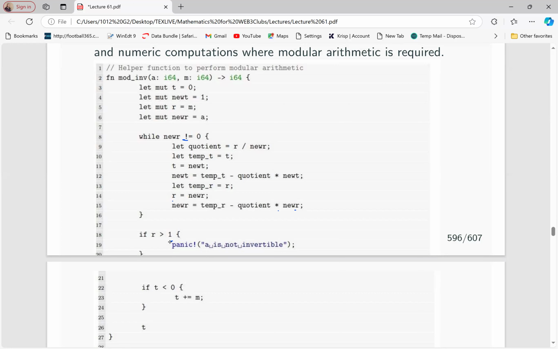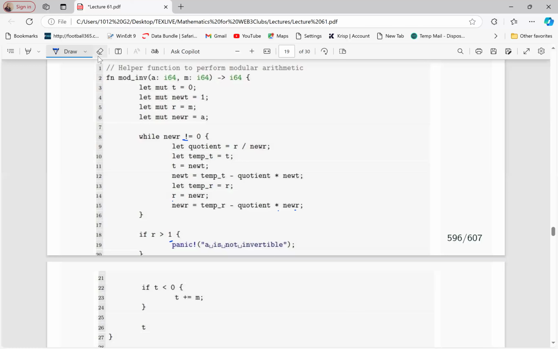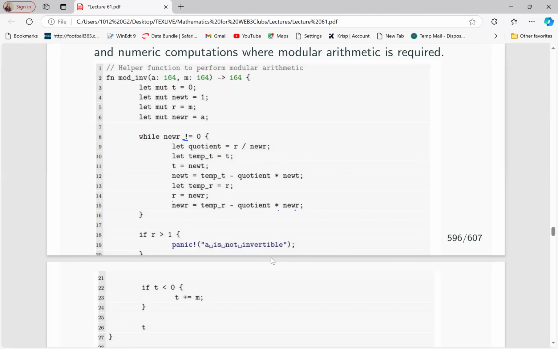So if the remainder is still greater than 1, then this program is supposed to panic and tell you that the a that you input has no inverse. That's why I said we are using mod p, where p is prime, because when you don't use a prime, in some cases you get numbers that have no inverses, and therefore the program will not give you anything.